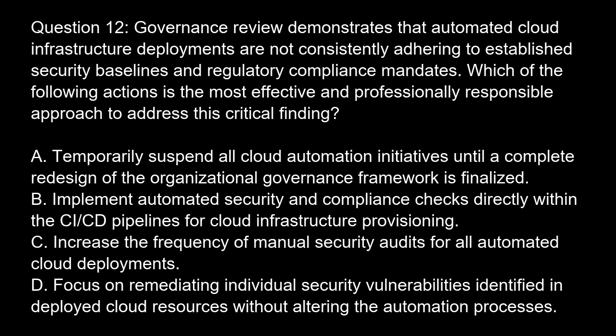Option B. Implement automated security and compliance checks directly within the CI/CD pipelines for cloud infrastructure provisioning. Option C. Increase the frequency of manual security audits for all automated cloud deployments. Option D. Focus on remediating individual security vulnerabilities identified in deployed cloud resources without altering the automation processes.